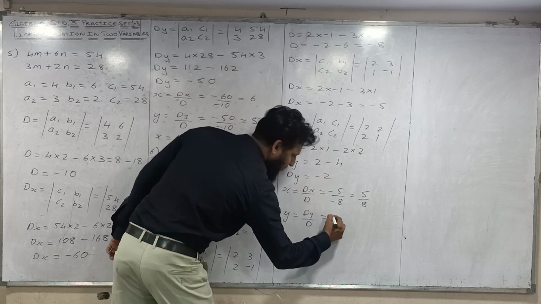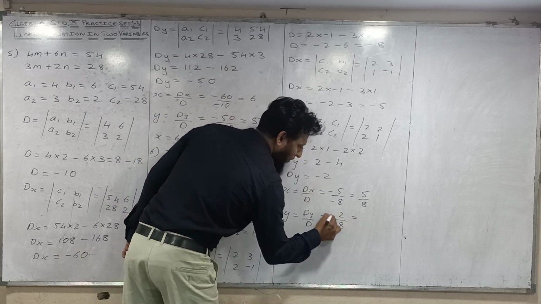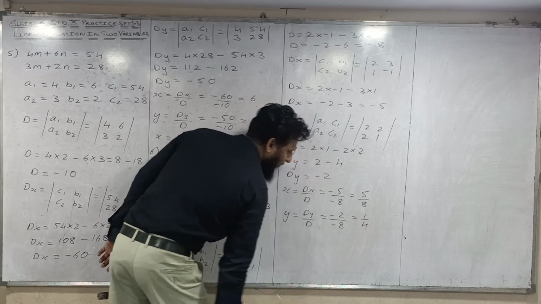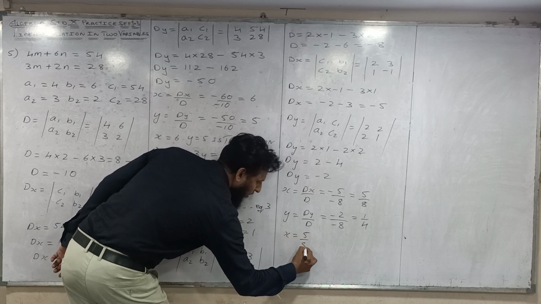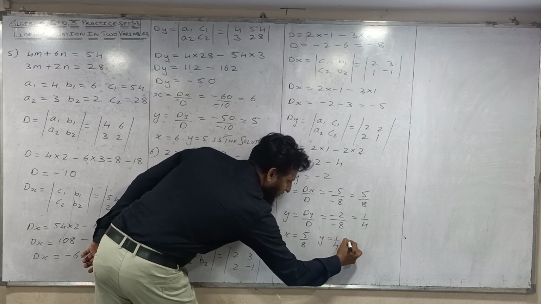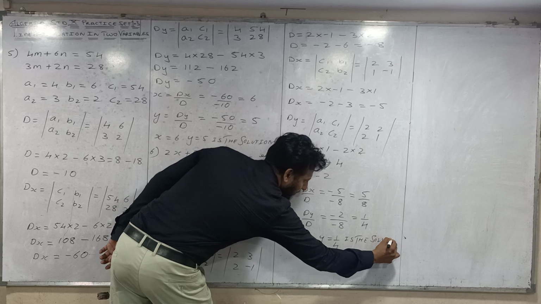Determinant y is minus 2 and d is minus 8. Minus minus cancel, 2 ones are 2, 4 are, so 1 upon 4. So x is equal to 5 upon 8, y is equal to 1 upon 4 is the solution.